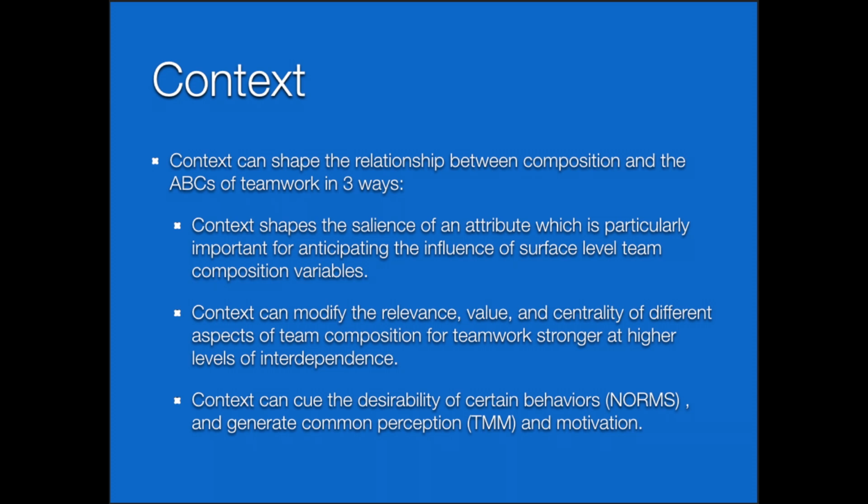Context can modify the relevance, value, and centrality of different aspects of team composition for teamwork, stronger at higher levels of interdependence. Context can cue the desirability of certain behaviors and norms, and generate common perception, TMM, and motivation.